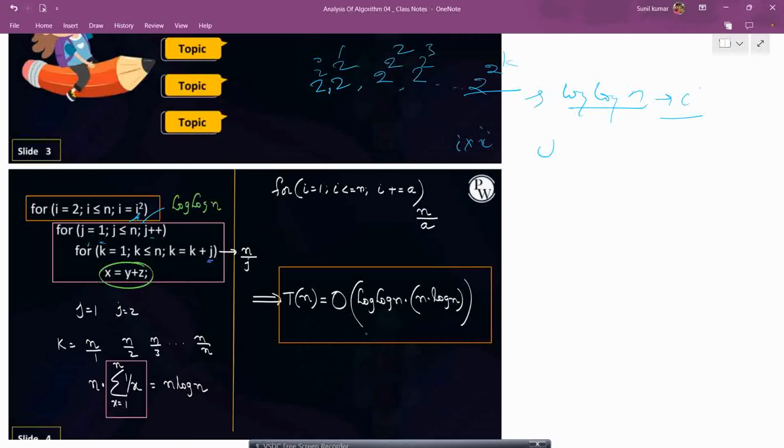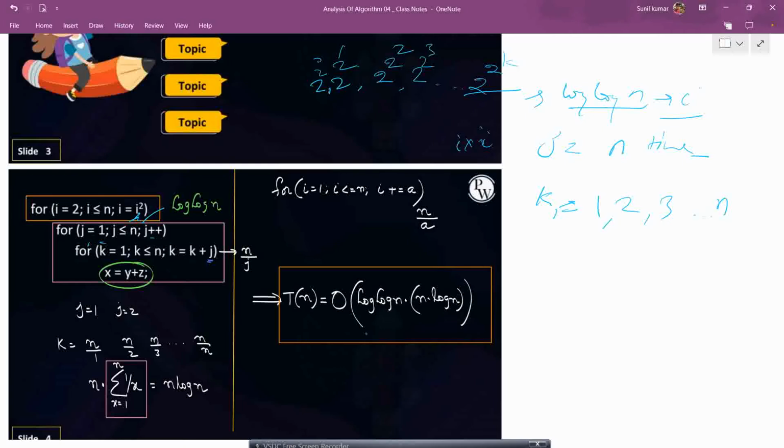For j it will run n times. But for k, what values can k get? First it is 1, then 1 plus 1 is 2, then 3, so first it is n times.